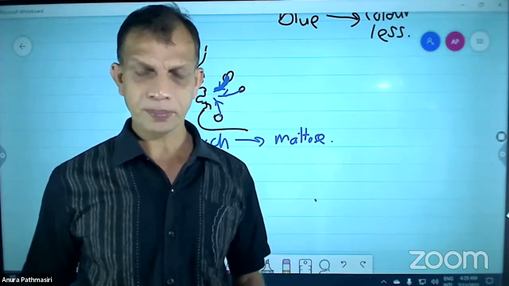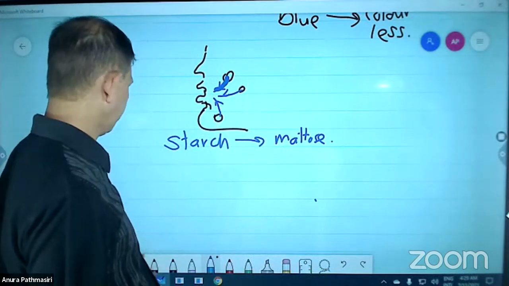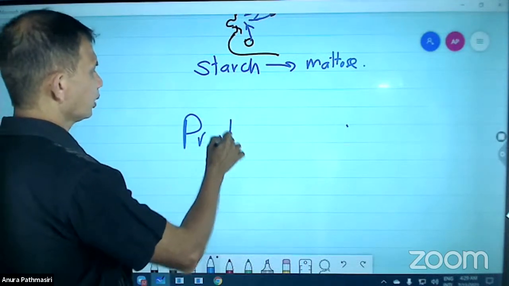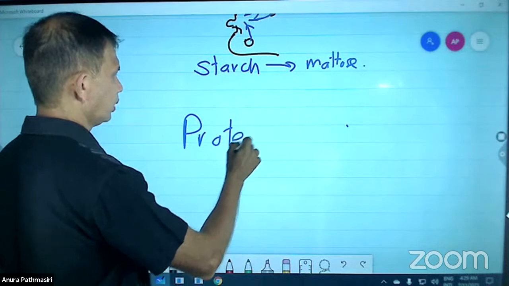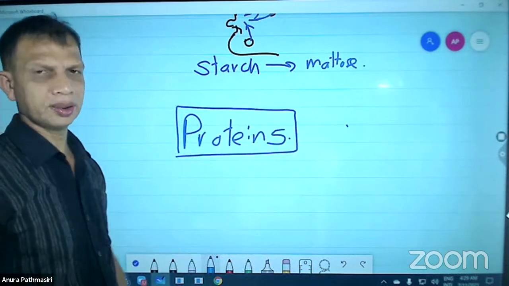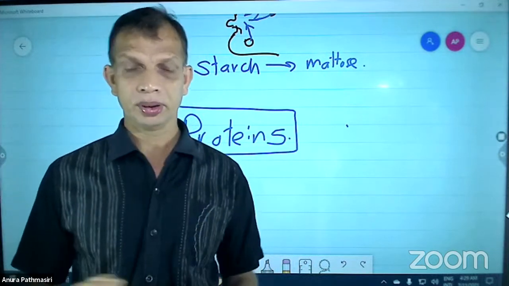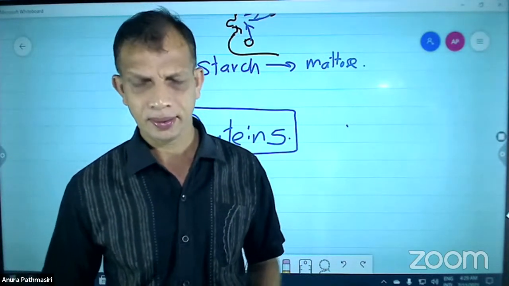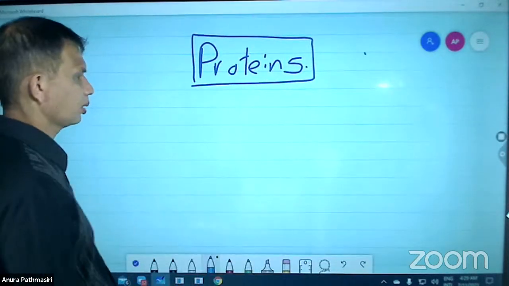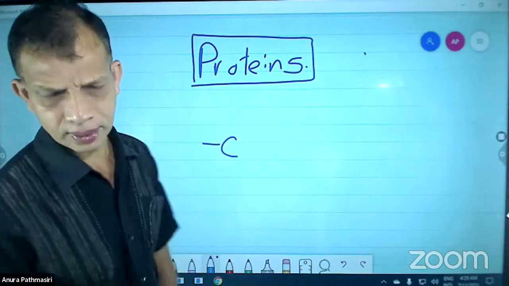My next step is to talk about protein. Protein is another biological molecule. If protein is a polymer, the monomer of protein is amino acid. The amino acid is made of a carbon, and the amino group is there.